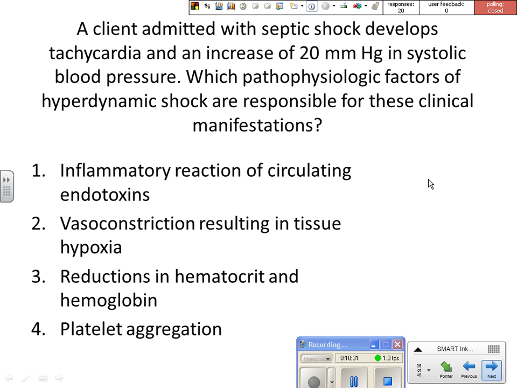The client admitted with septic shock develops tachycardia and an increase of 20 millimeters of mercury in systolic blood pressure. Which pathophysiologic factors of hyperdynamic shock are responsible for these clinical manifestations?